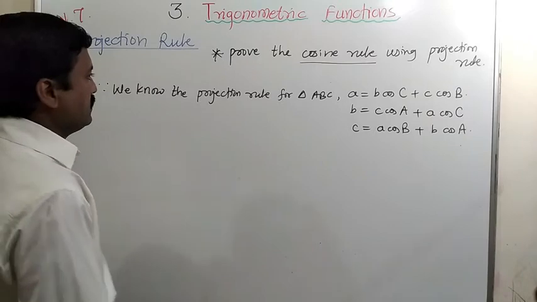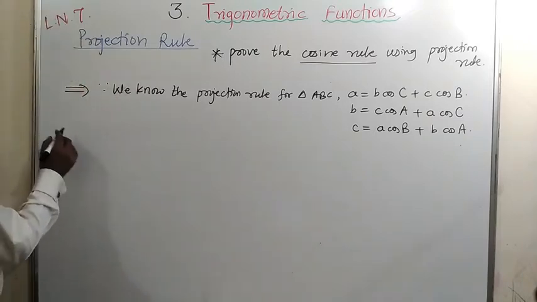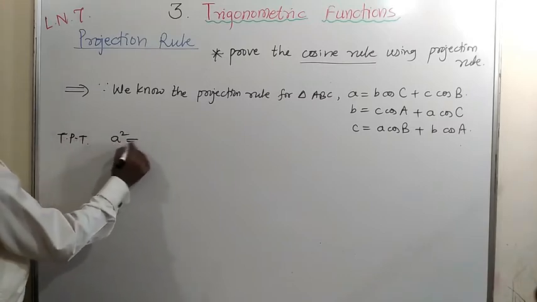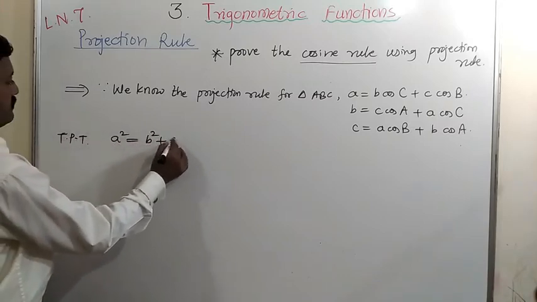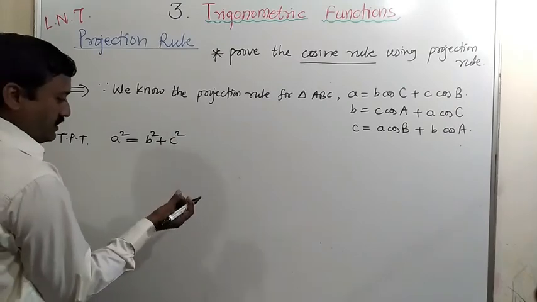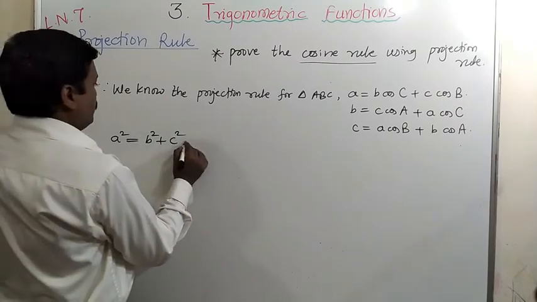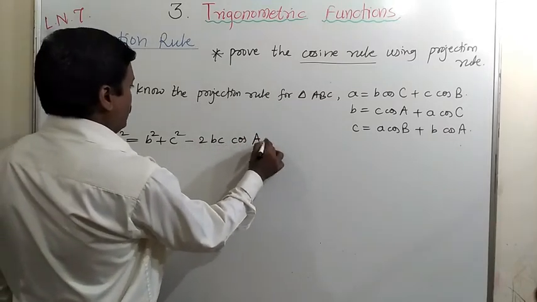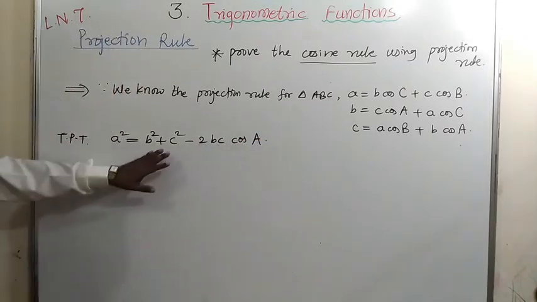Here to prove that a square is equal to b square plus c square minus 2bc cos A. This result we will prove.